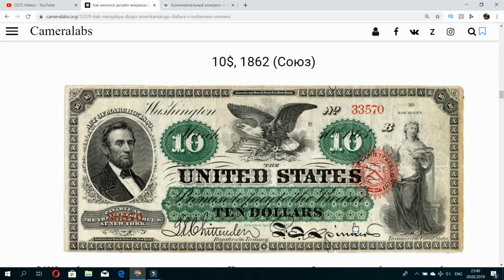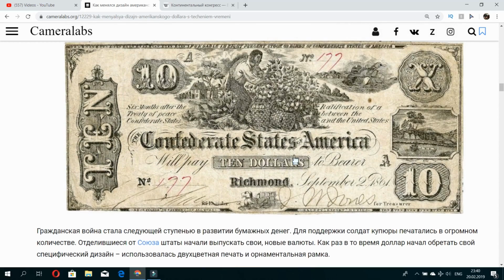1862. Okay. It says $10 payable at the Treasury of the U.S. at New York. So United States, and that was Confederate States of America. Okay.